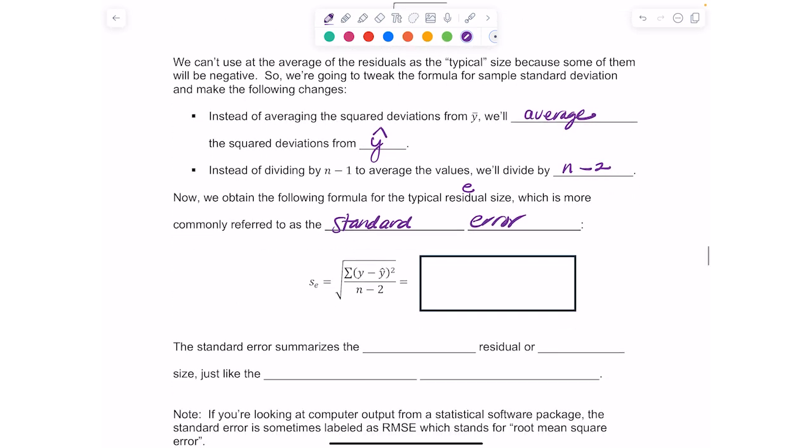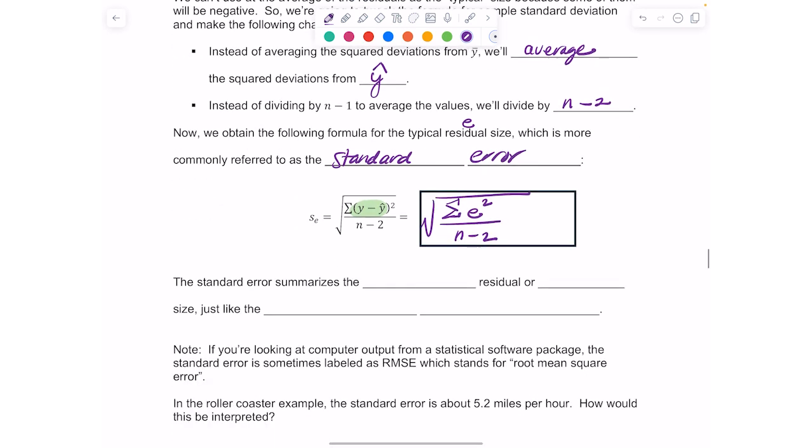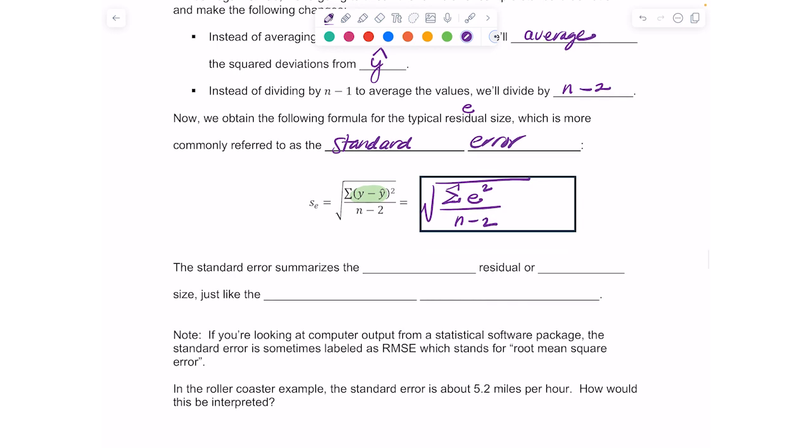So if I look at my formula, we know that y minus y hat is actual minus predicted, which is actually the residual, or E. So really what we have here is the standard error, S sub E, is the sum of all the squared residuals divided by the sample size minus 2, and then take the square root of that. And the standard error just summarizes the typical residual or error size, just like the standard deviation.